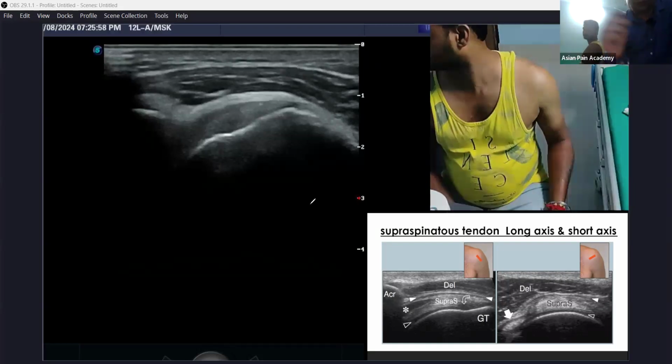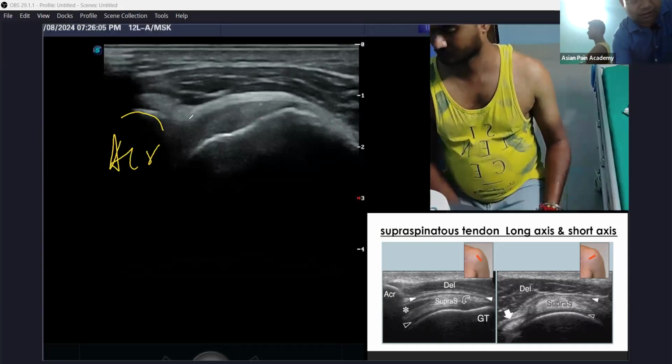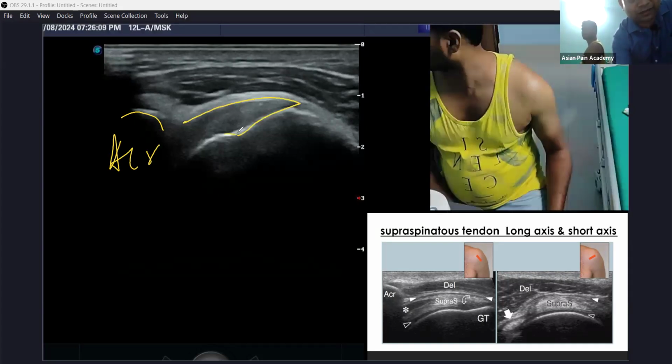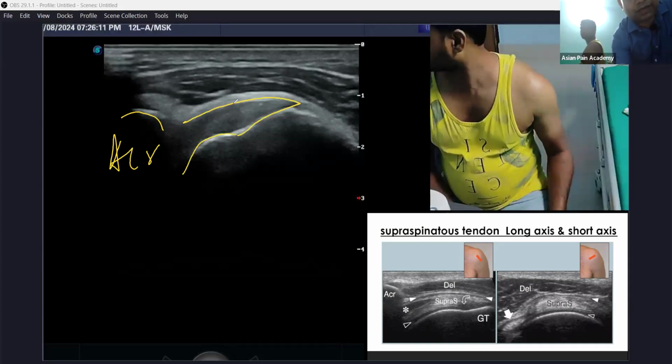Okay. Acromion. This is called bird beak appearance. Bird beak appearance of supraspinatus.